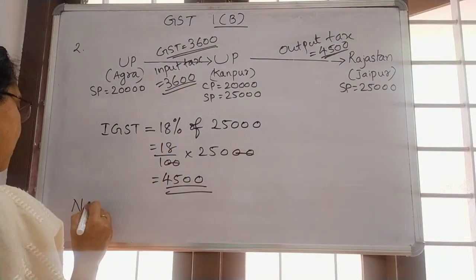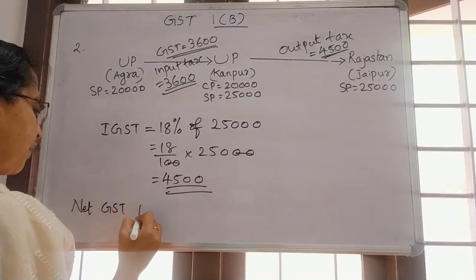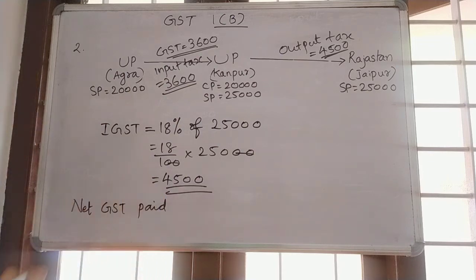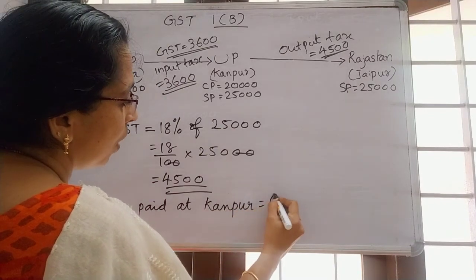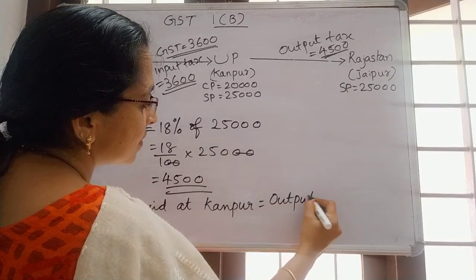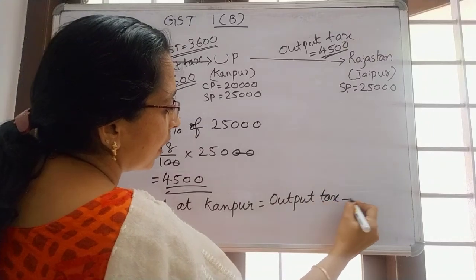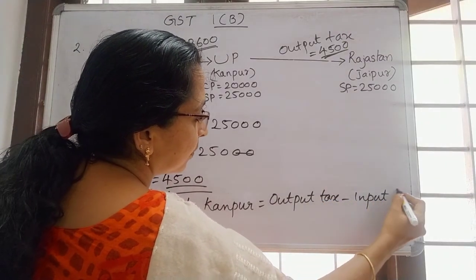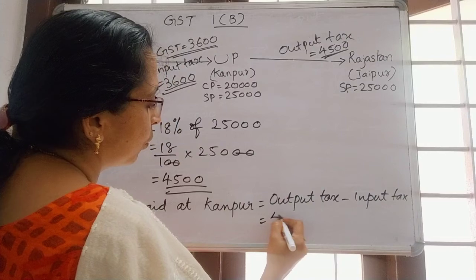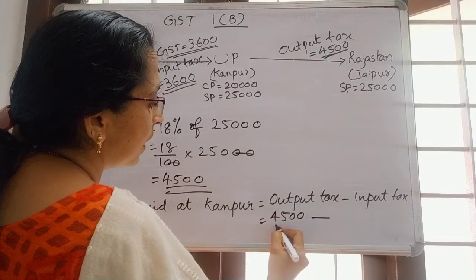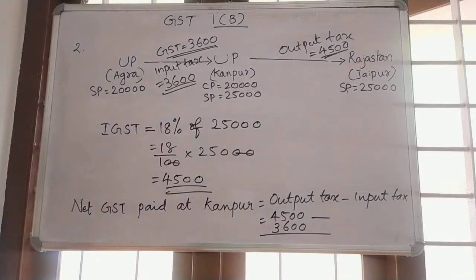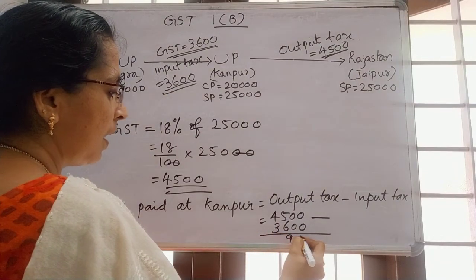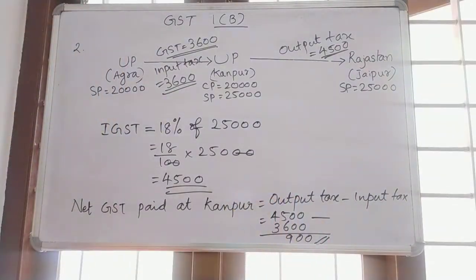So net GST paid at Kanpur is equal to output tax minus input tax, that is 4,500 minus 3,600, which is equal to rupees 900. That is our first part.